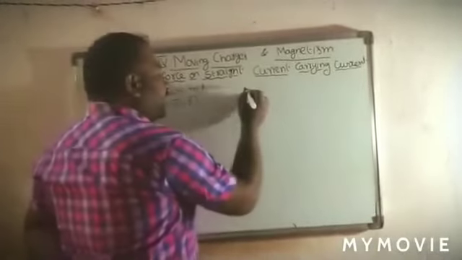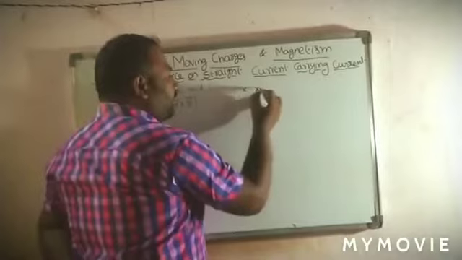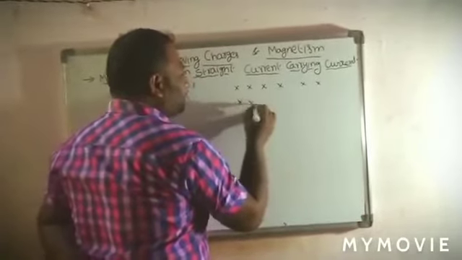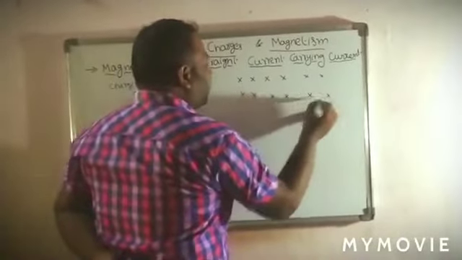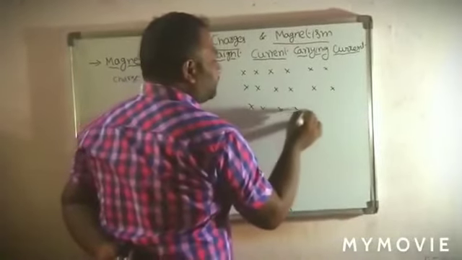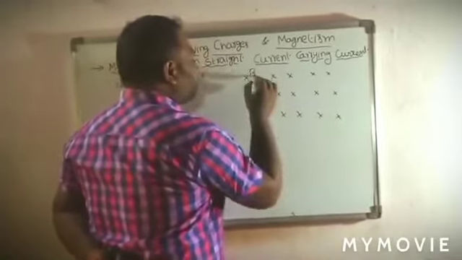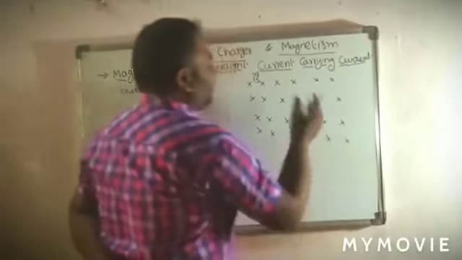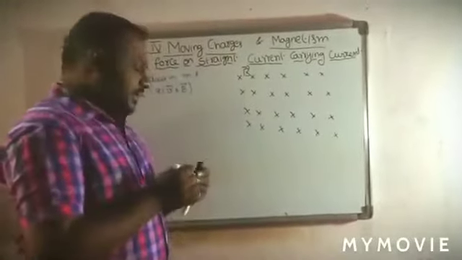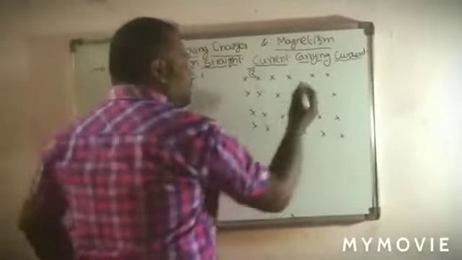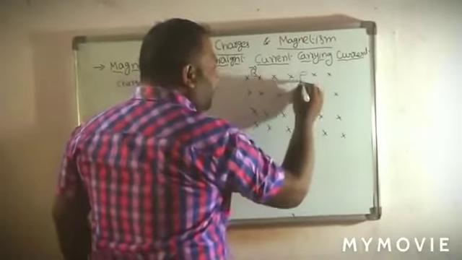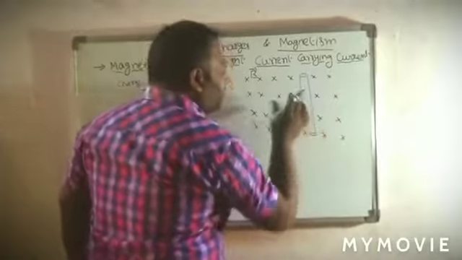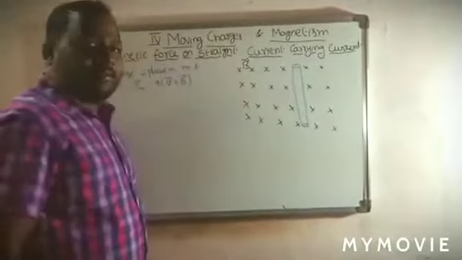For that, here I take a field. This is the field B bar. These crosses or dots we generally represent with the cross. In this field we place a current carrying conductor, which is placed in a magnetic field B bar.